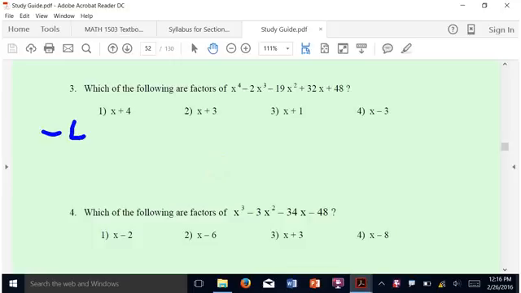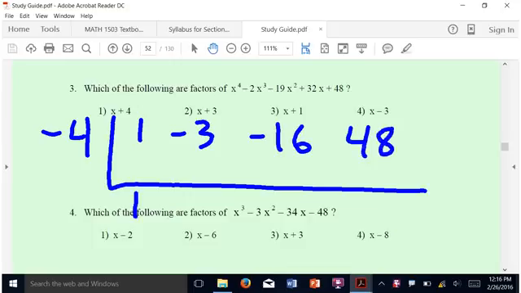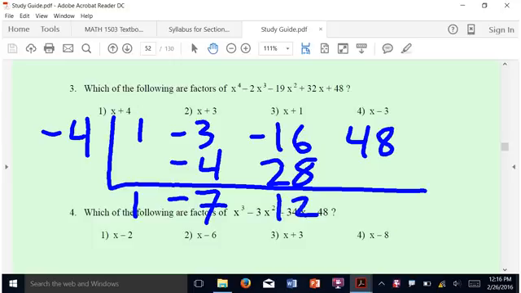Okay, so negative 4. And then we have 1, negative 3, negative 16, 48. Drop down that 1, and 1 times negative 4 is negative 4, and we get negative 7, and 28. 28 minus 16 is 12, times negative 4 is negative 48, and we get a remainder of 0.